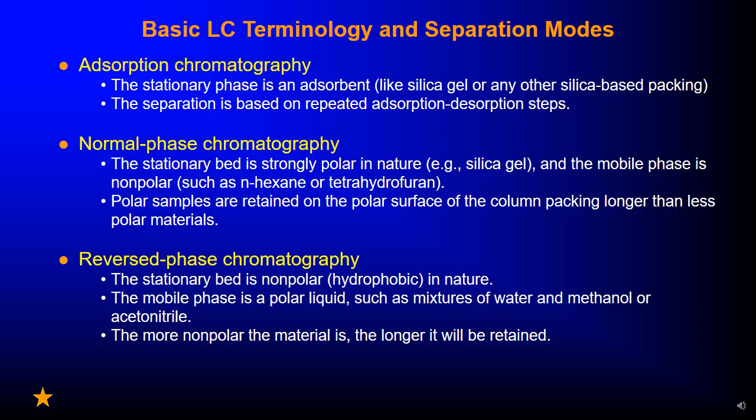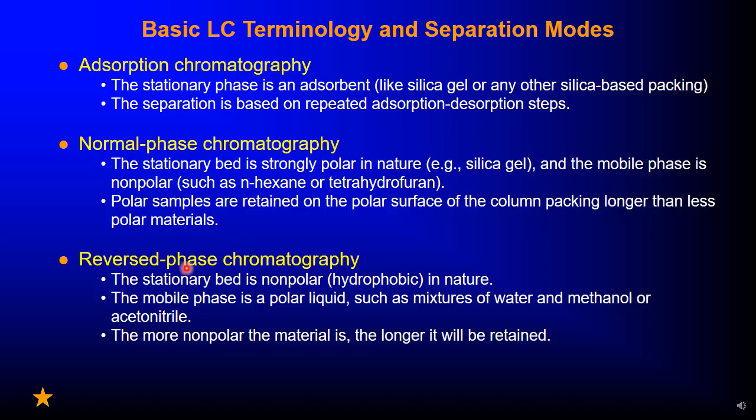Then we have normal phase chromatography, where the stationary bed is strongly polar in nature and the mobile phase is non-polar. So polar samples are retained on the polar surface of the column packing longer than less polar materials.